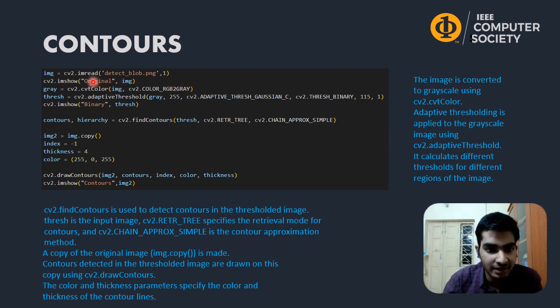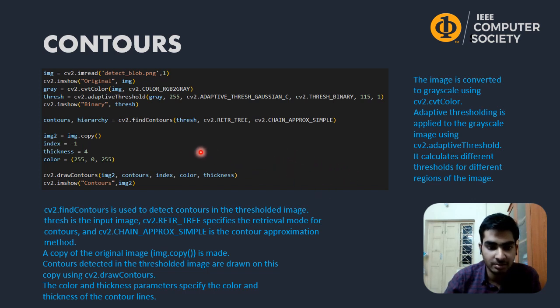First, we are reading an image called detect_blob.png as a color image, and using the cvtColor function, we are converting the image into grayscale format. Now we are applying the adaptive threshold to the grayscale image, and it calculates a different threshold for different regions of the image.